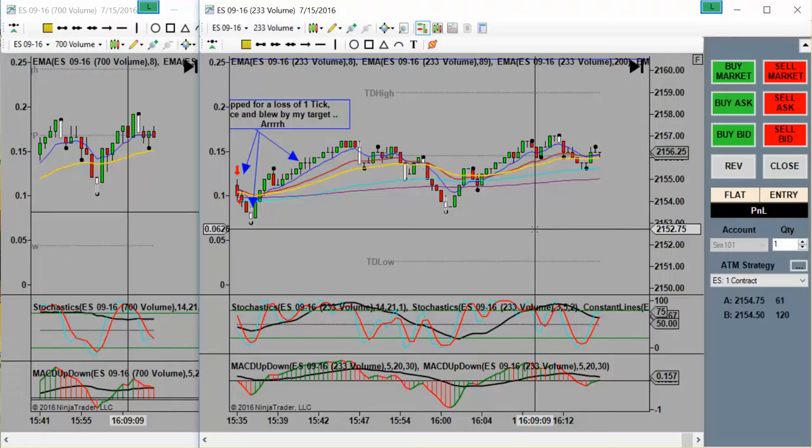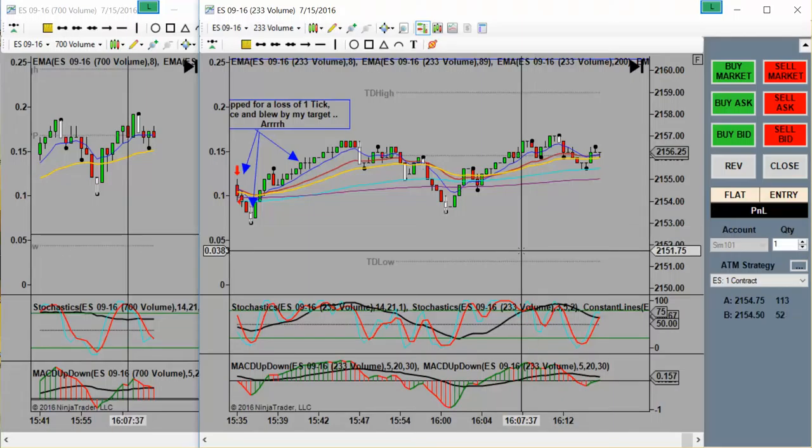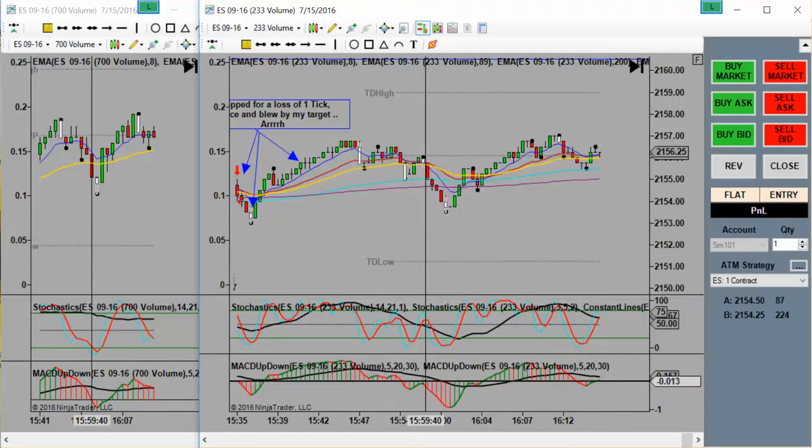What I was going to say is I found a major difference trading the Globex session versus the New York session. I was tracking them separately, and I was doing much better on the New York session. I think it's important to look at your win-loss ratio, and not only that, but your winning ticks versus your losing ticks.